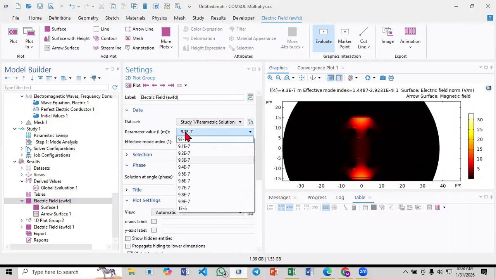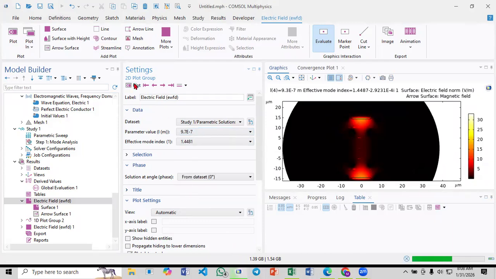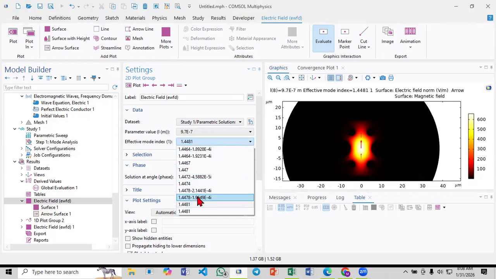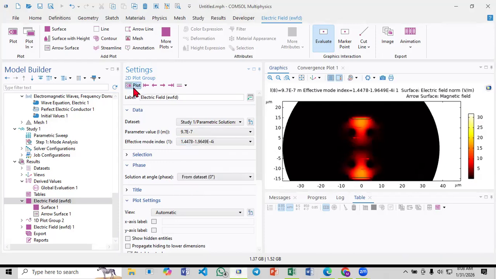You don't need to calculate the other SPP modes. So for this side, this one is the SPP mode.